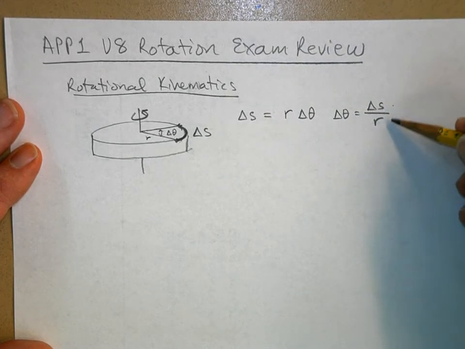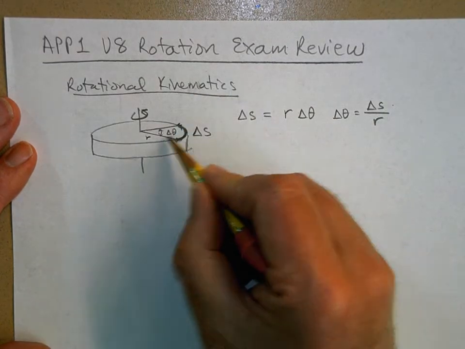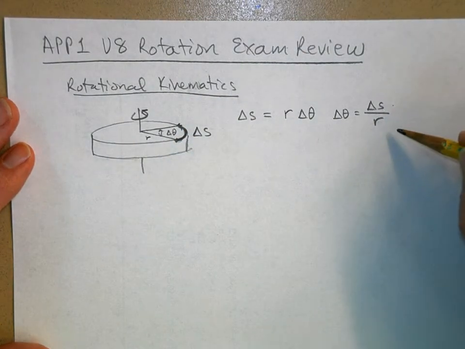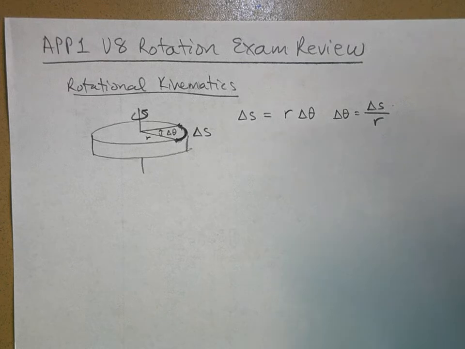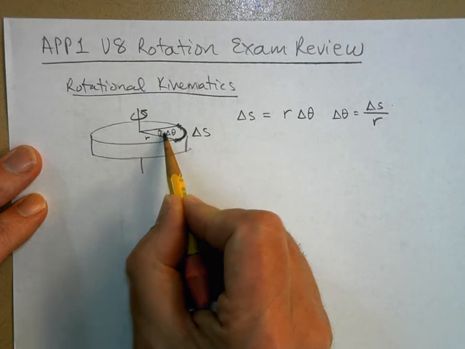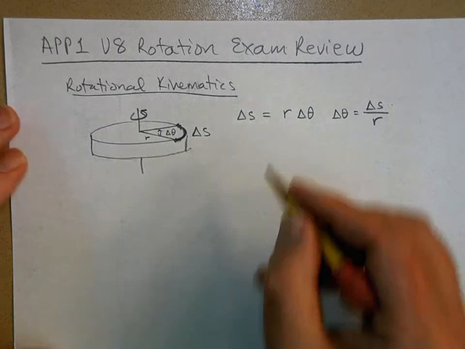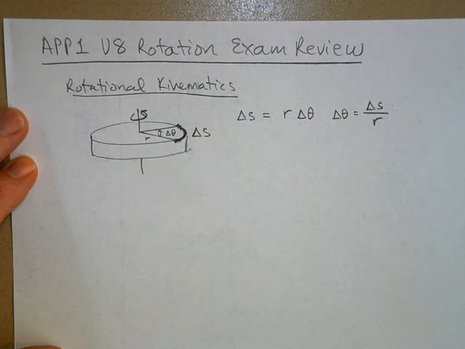That gives us a ratio of a length over a length, but really what that's defined to be is how many radians you've gone through. If you take one radius and wrap it around the outside here, the angle that is swept out is called 1 radian. That's the definition of a radian. So this delta theta has to be in radians.